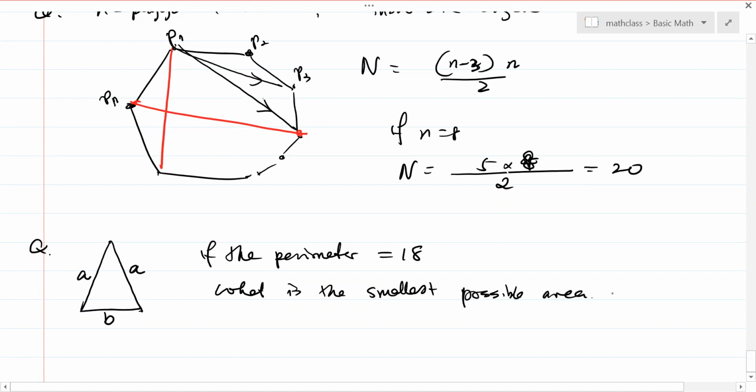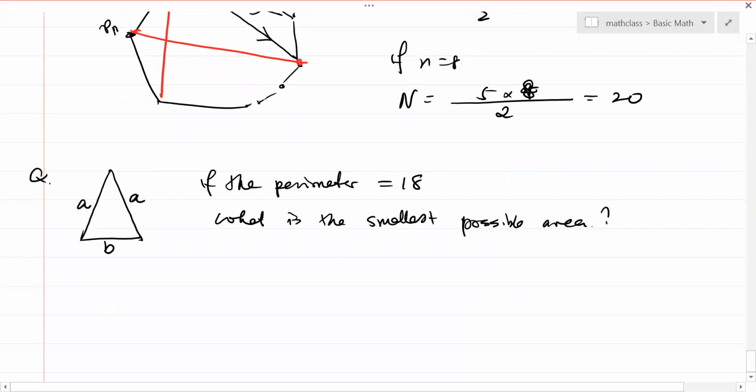This is a more challenging problem. Wow, yeah, this is a difficult problem. But let's work on the last one.